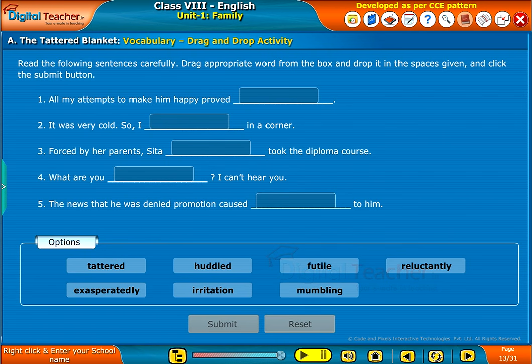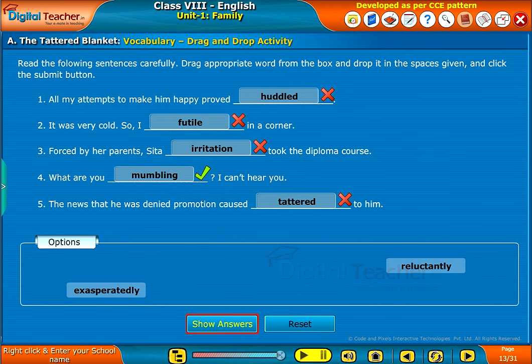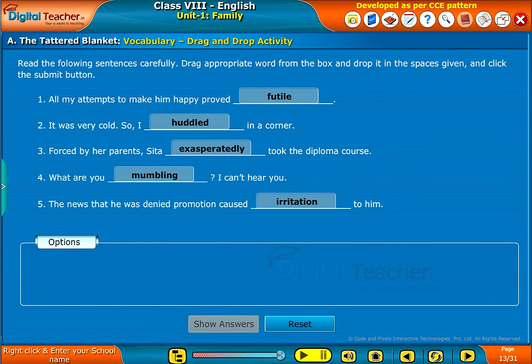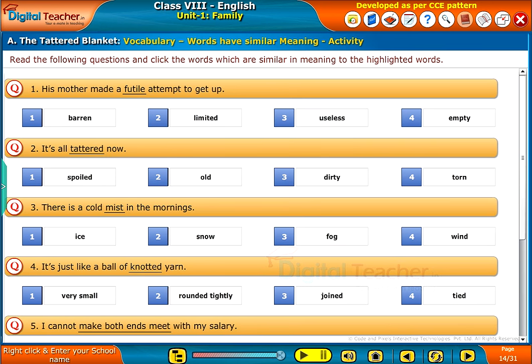Read the following sentences carefully. Drag appropriate word from the box and drop it in the spaces given and click the Submit button. Read the following questions and click the words which are similar in meaning to the highlighted words.